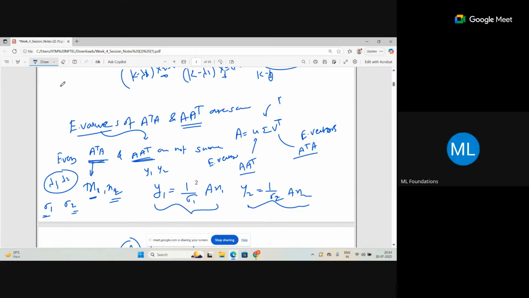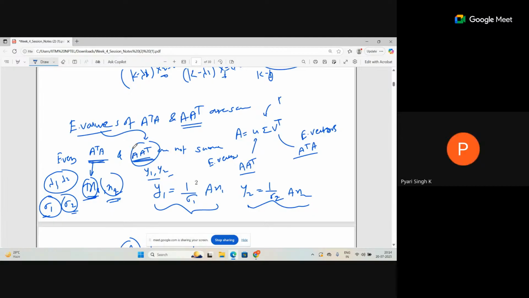They are the eigenvectors of A transpose. x1 and x2 are the eigenvectors for A transpose A. I can directly find y1 and y2 if I know sigma 1, sigma 2, x1 and x2. Or if you don't understand this part, you can just find the eigenvectors for A transpose.